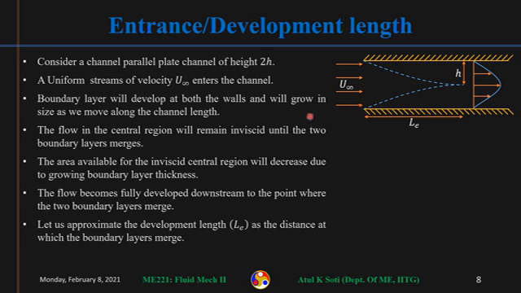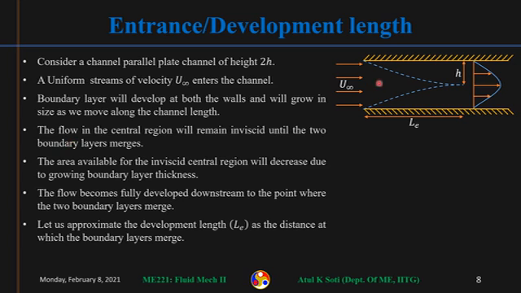Whenever a free stream interacts with some solid surface, due to the no slip boundary condition, a boundary layer will form on the surface, and as we go along the surface, the boundary layer thickness is going to increase. So boundary layer will develop at both the walls due to the no slip boundary condition, and as we move along the channel, it will grow in size.